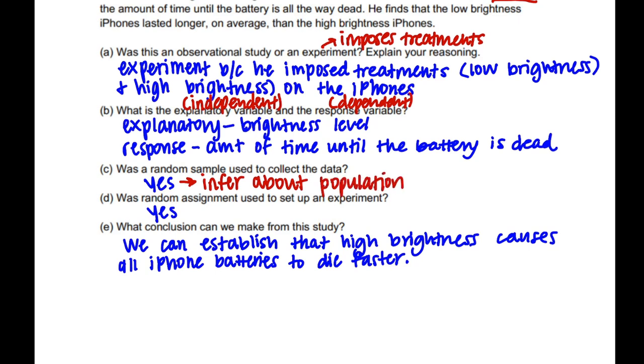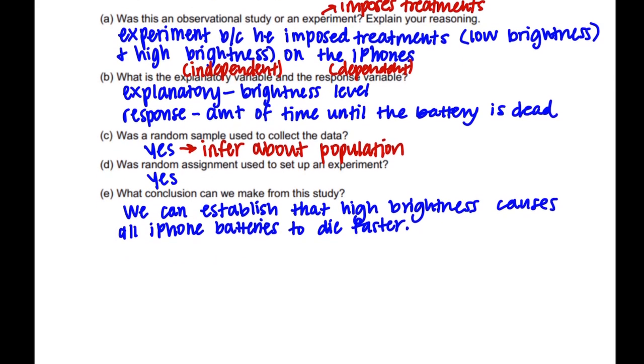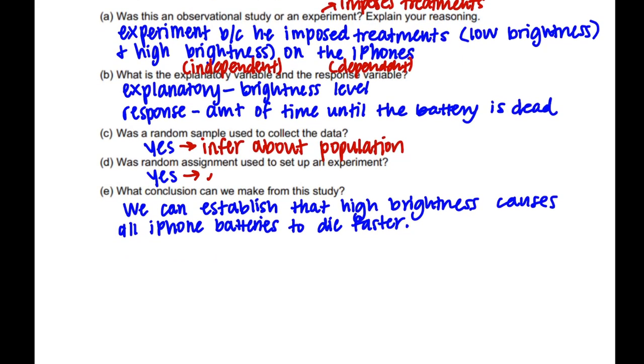And that means we can apply what we learned to the population. And then random assignment means we can establish cause and effect. And so this guy did both, which means we do know that a high brightness on your iPhone causes the battery to die faster. And so that's the goal of inference.